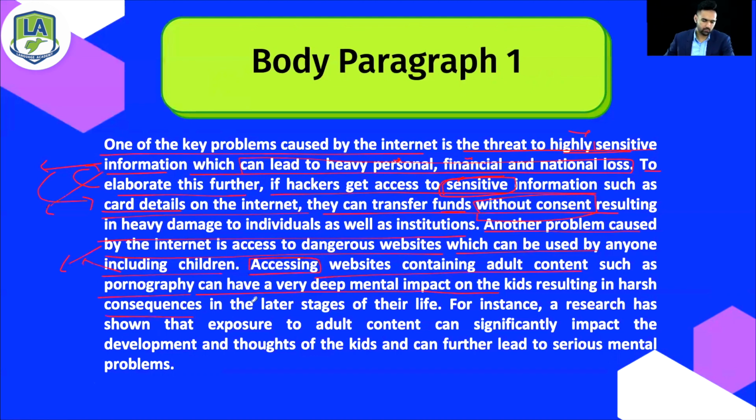So what we are mentioning here is that there are dangerous websites which children can access or reach. Reaching or accessing websites with adult content can have a very deep mental impact on the kids, resulting in harsh consequences in the later stages of their life.